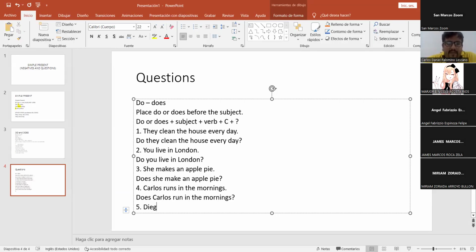Number 5. A ver, una más. The dog eats 3 times a day. El perro come 3 veces al día. ¿Cómo hace la pregunta ahí? A ver, dime.